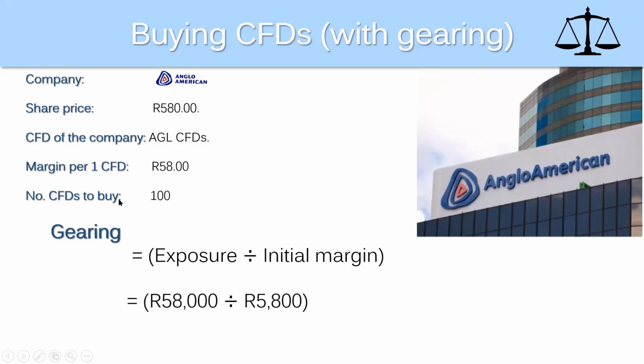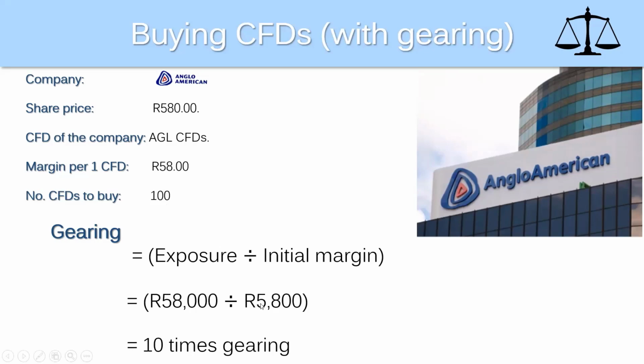So because you bought 100 CFDs and you paid 58 Rand, it means that what you put in is you times that together, and you'll see that you'll pay 5,800 Rand initial deposit in order to be exposed to 58,000 Rand, which is the share price times the number of CFDs or the number of shares you would like exposure to. Therefore, the gearing is 10 times.